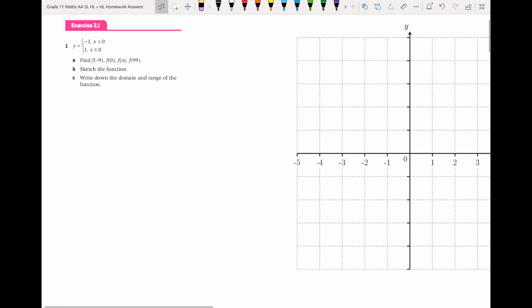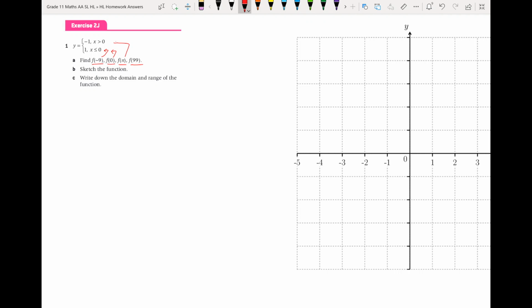So starting with question 1, we're asked to find certain values for different x's. If we take a look at the first piece, this will be less than or equal to 0. The second piece is also going to come from the first piece, which is right on 0.